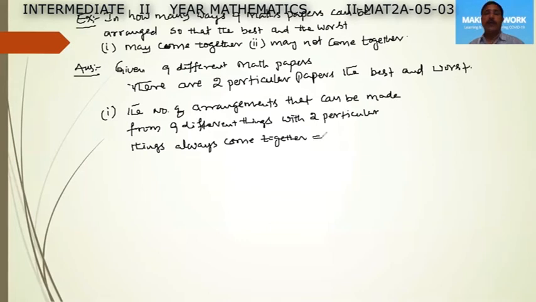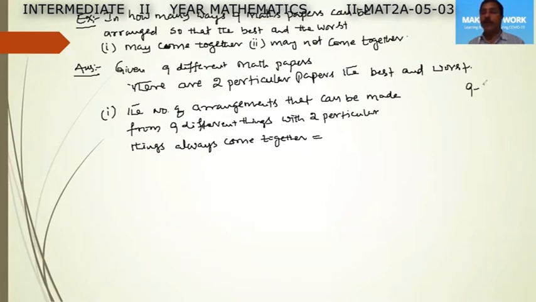So in arrangements, when some particular things are to come together, we have to consider them as one thing. This is very important. When some particular things are to be arranged together, we have to consider them as one unit. Now, in these 9 things, if 2 particular things are considered as one unit, then the total number of things will be 9 minus 2 plus 1.